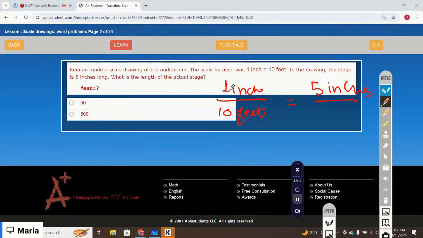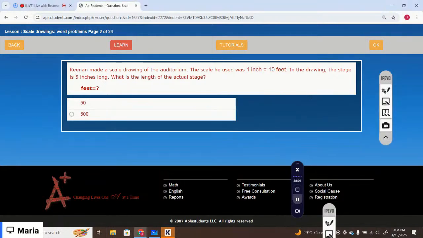We need to find the actual length. So 1 times 5 is 5 and 10 times 5 is 50. Option number 2 is the correct option. That is 50 feet.